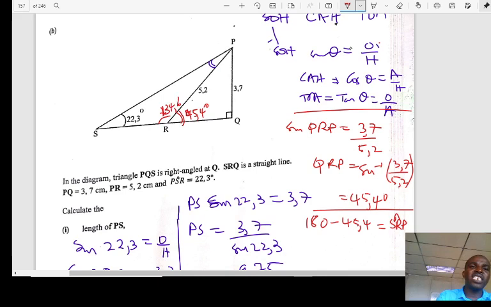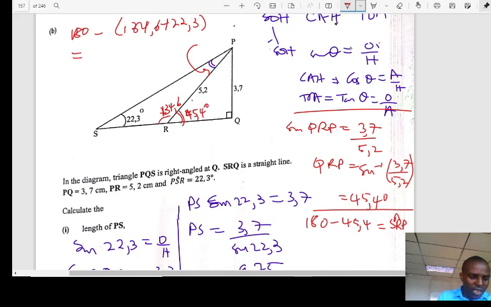Then you can now find the required angle here. How can you find it? Use angles in a triangle. So you say 180 minus 134.6 plus 22.3. Then you can get the required angle SPR.